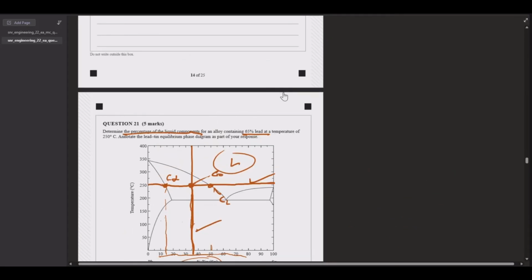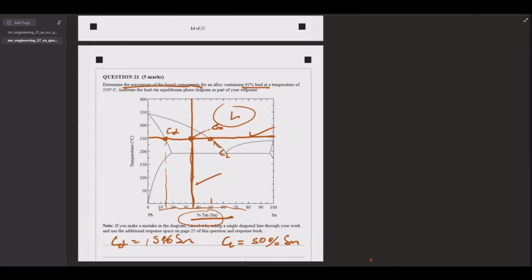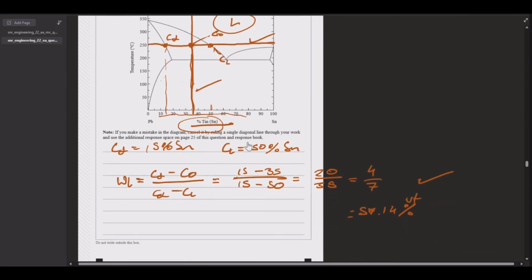So the mistake I've made here is that for liquid components, the keyword is components, and components are going to be tin and lead, not just the weight of the liquid. So we take the composition of the liquid, roughly 50% tin and 50% lead.